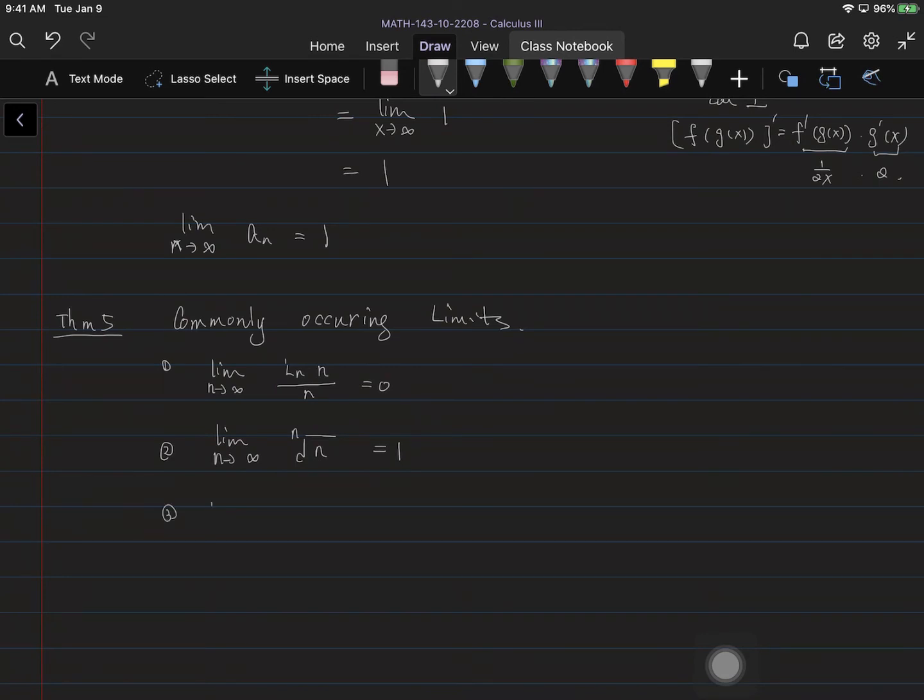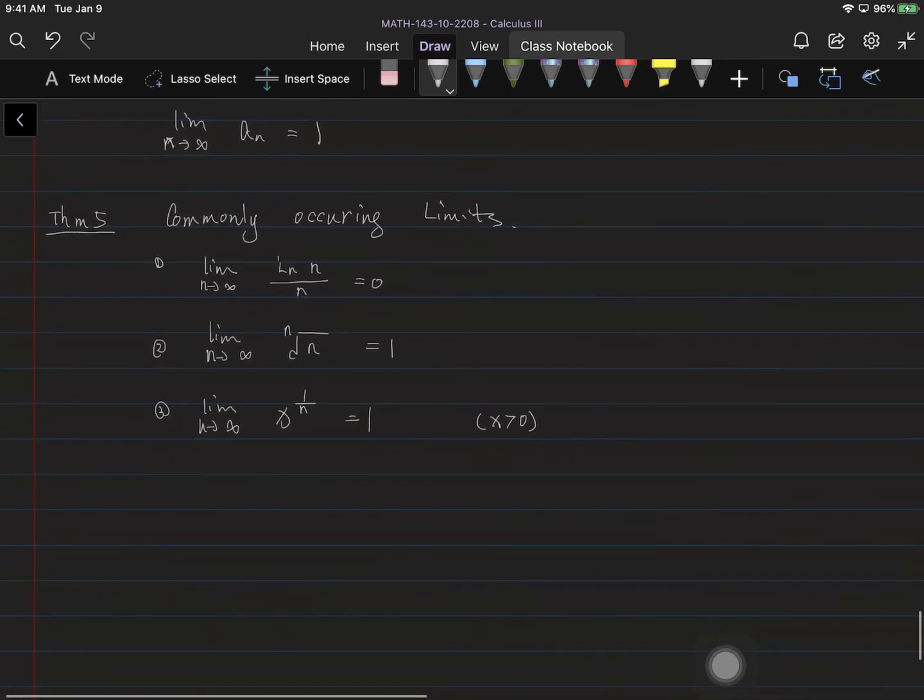Third one, as n goes to infinity, x to the 1 over n equals 1 when x is greater than 0. This kind of means that when n goes to infinity, it's like x to the 0.